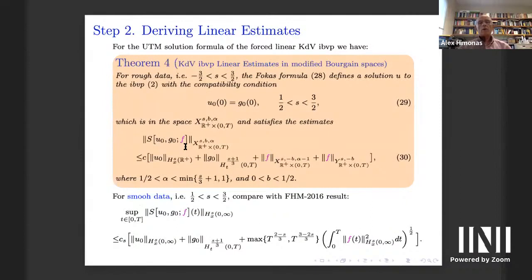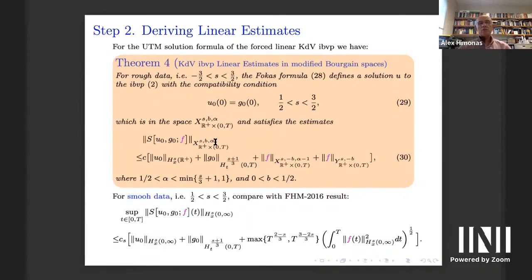Now we are producing a linear estimate using Bourgain spaces, having this compatibility condition once s is in the interval 1/2 to 3/2. So we have here again the solution, not now the Hadamard norm, but the modified Bourgain norm, which you're going to see next on the transparency.